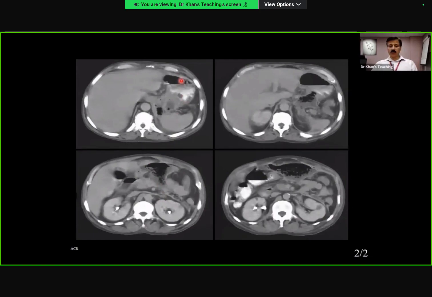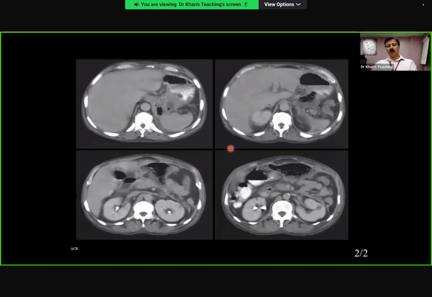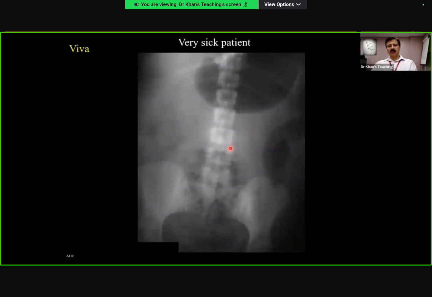Anatomy-wise, if you see, this is the stomach. Behind it, this is what we call the lesser sac. Yeah. Right? Of course, if you had all the sequences, you would have picked it up. So this is a what? Pancreatic abscess. Right? This bubbly appearance. This is a complication of acute pancreatitis, and this is a pancreatic abscess of the lesser sac.